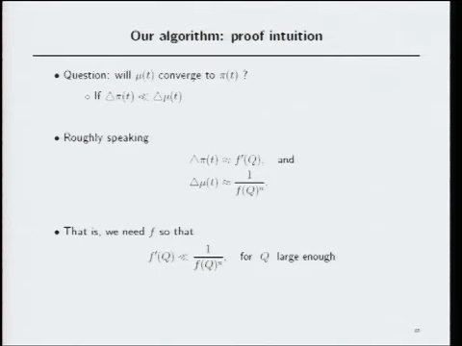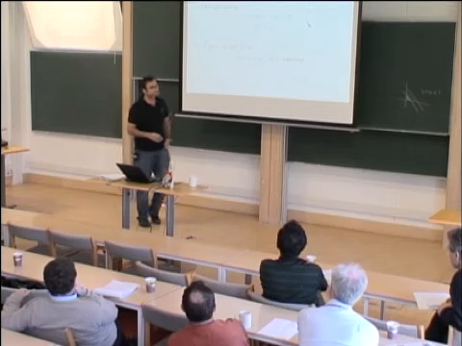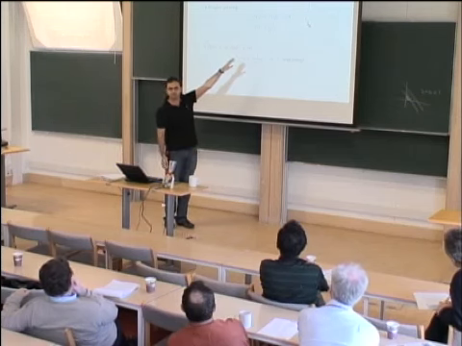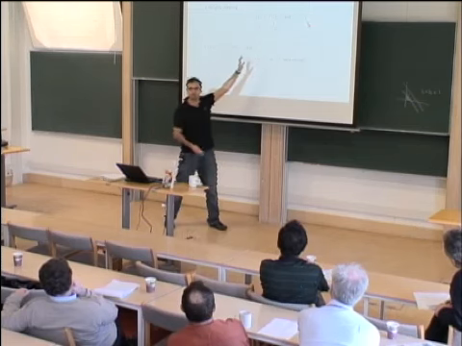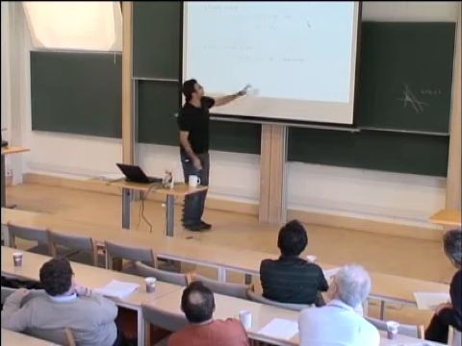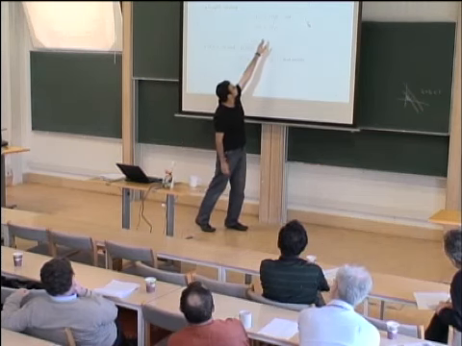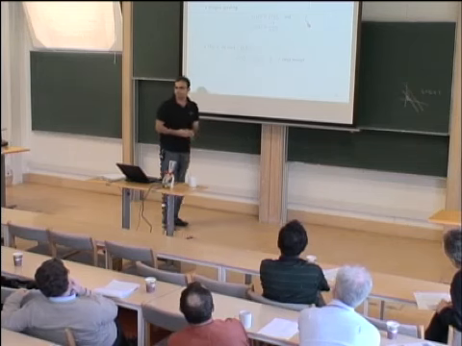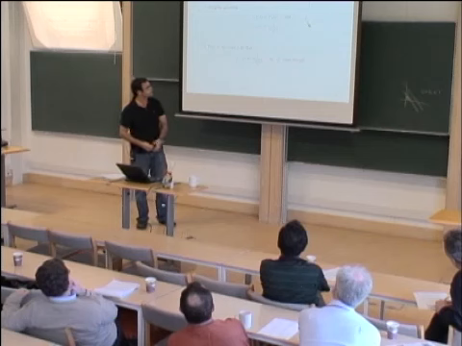And mu t is related to 1 over f q to the power n. This is essentially 1 over mixing time, which we saw in the last talk, and I'm putting just the worst case estimate for an n node graph. So as long as this is faster than that, we'll reach convergence.